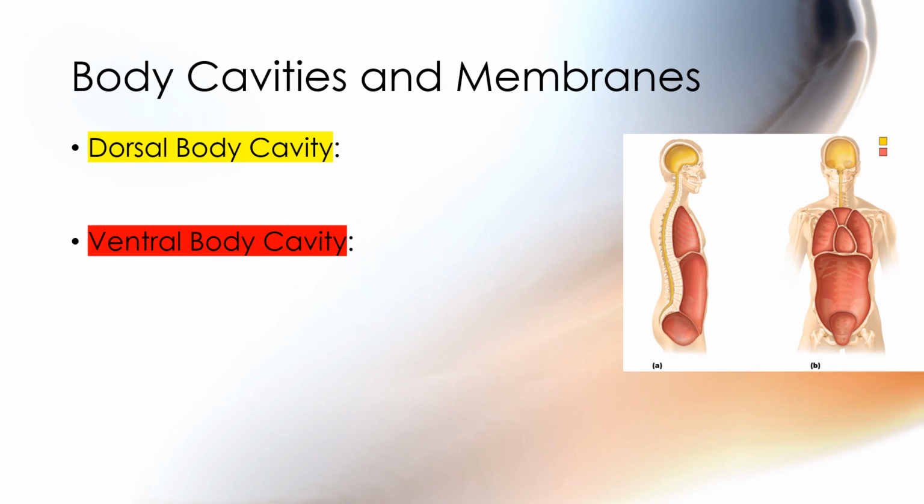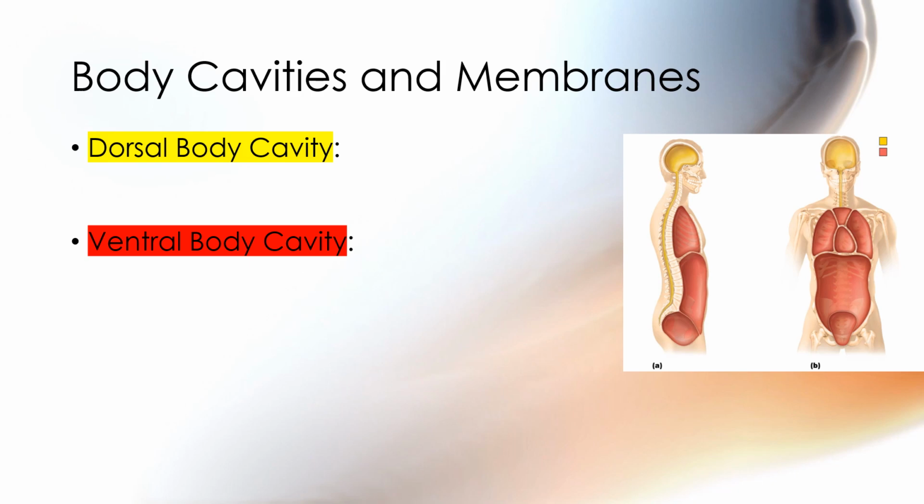So another way to split up the body is to talk about body cavities. Okay, so what are body cavities? They are where we house our internal organs. Okay, and then membranes are going to line these body cavities, like an inner lining.